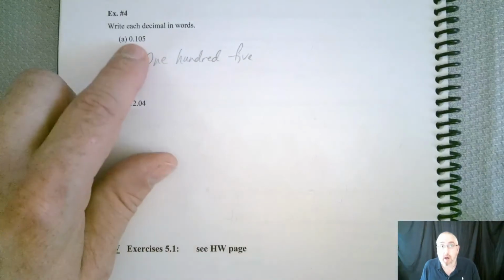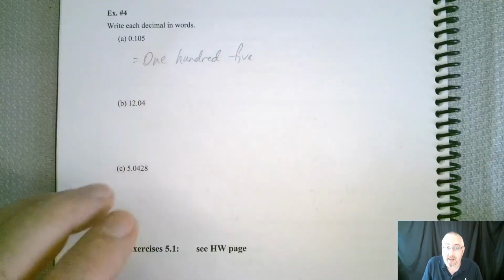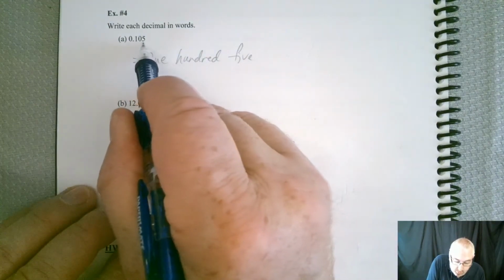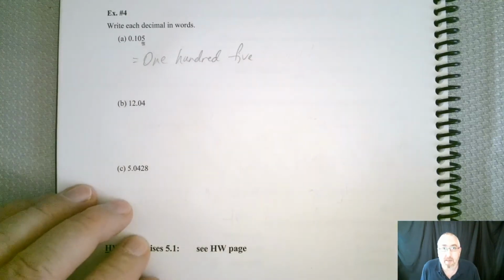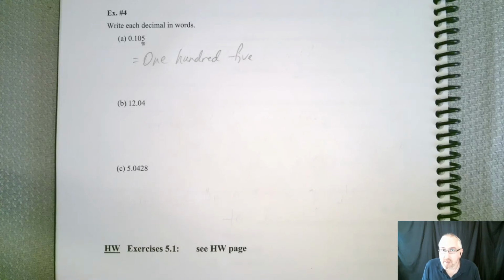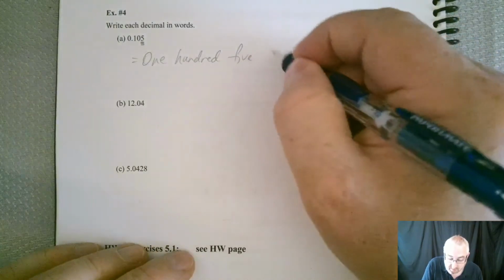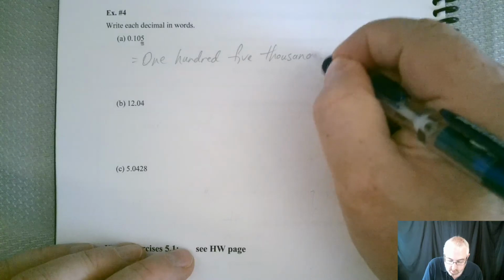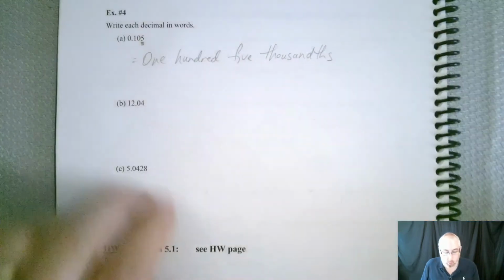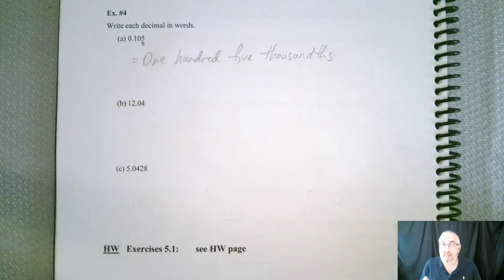But now, all you have to do to finish it is to describe or to identify the place value that the last digit occupies. So what place value is that 5 in? Tens, hundreds, thousands. Thousandths. So that's the finishing touch that you have to put onto your answer. So 105 thousandths. That puts it on the decimal side.